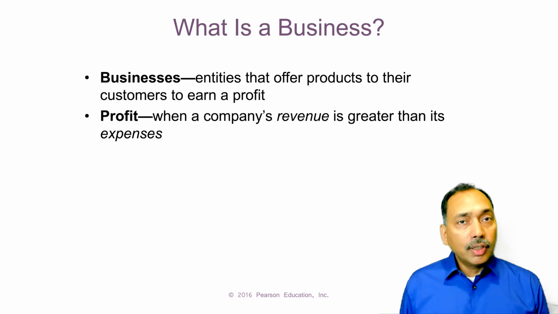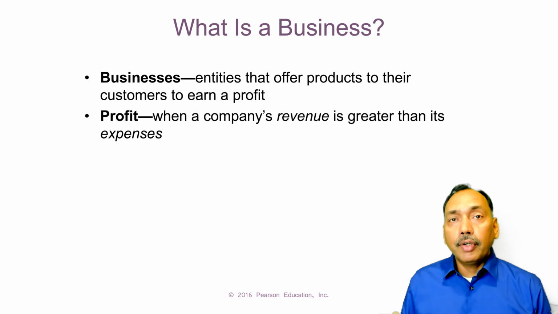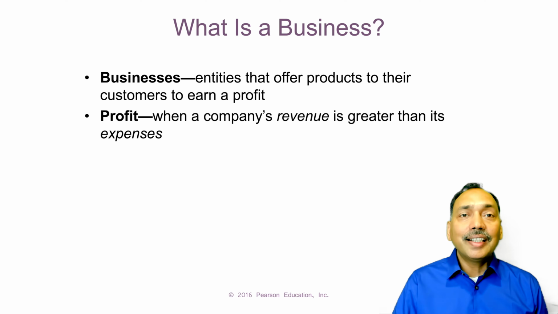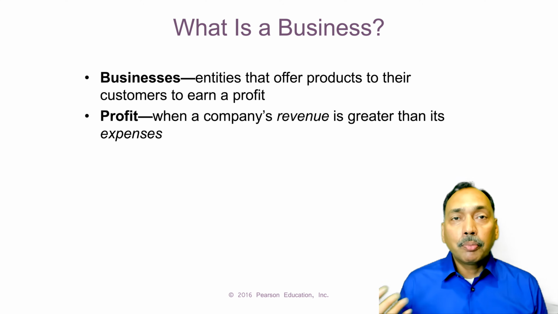If there are no products, obviously we cannot have any business. If I want to sell coffee, for example, then my product is that coffee. So we need to have a product that we can sell to a customer. There has to be a customer who is interested in our product and ready to buy it so that we can profit from it.